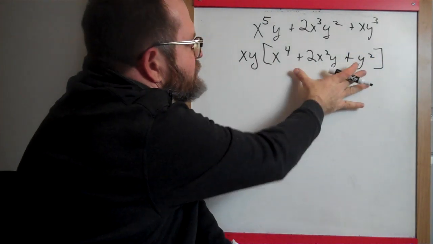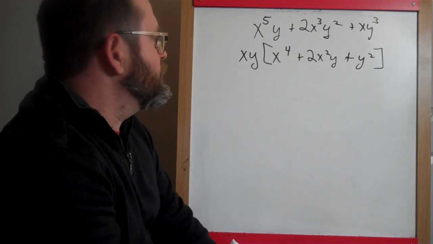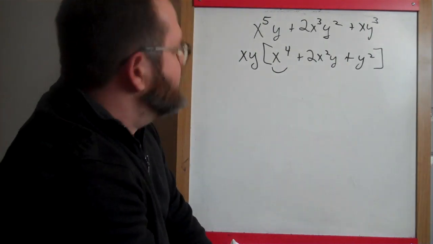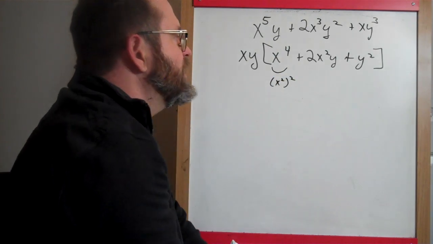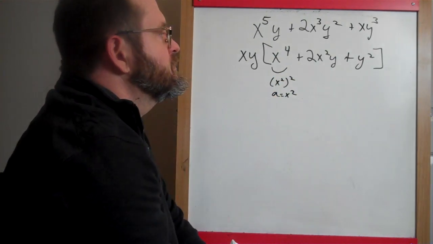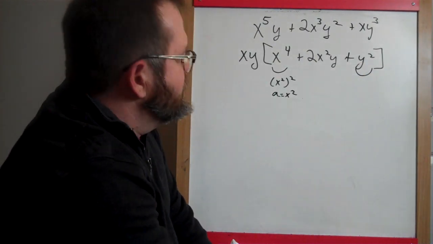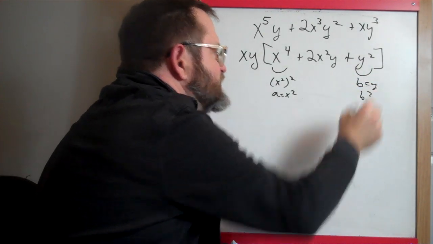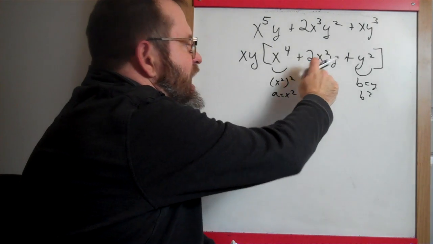Now I'm wondering if this term that's in the square brackets here, maybe it could be a perfect square. I mean, this term right here, is it positive? Yes. Can it be written as some number squared? Sure, it could be x squared squared. So a is x squared. Turning our attention to the last term, is it positive? It is. Could it be written as a square? Sure, if b was equal to y, then this is just b squared. Great. Is this middle term 2ab?